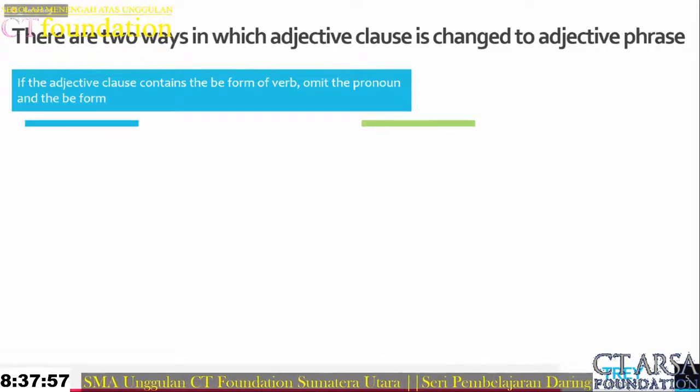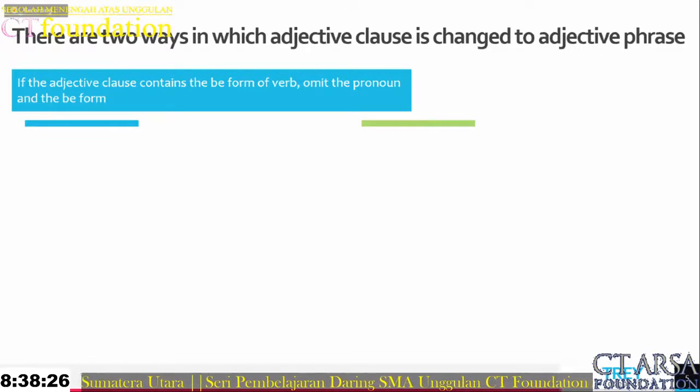We drop the relative pronoun and the be. If the adjective clause has the be form of the verb, we omit, we drop, we erase the relative pronoun and the be form.